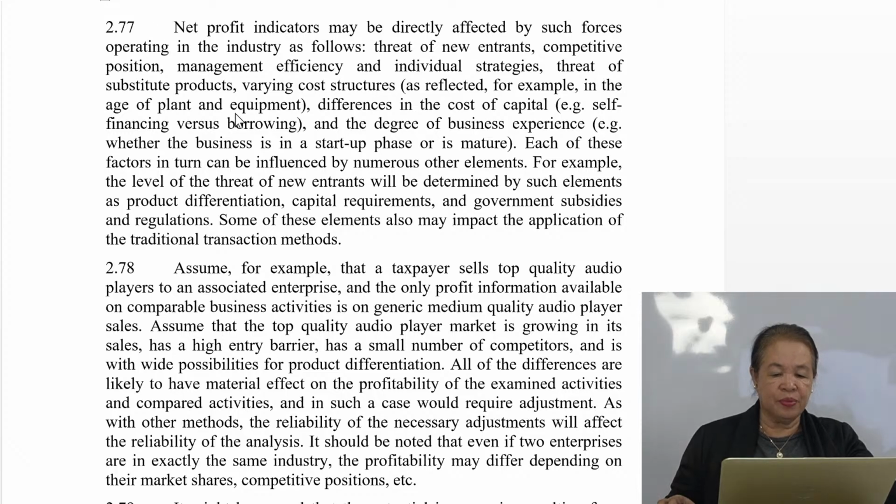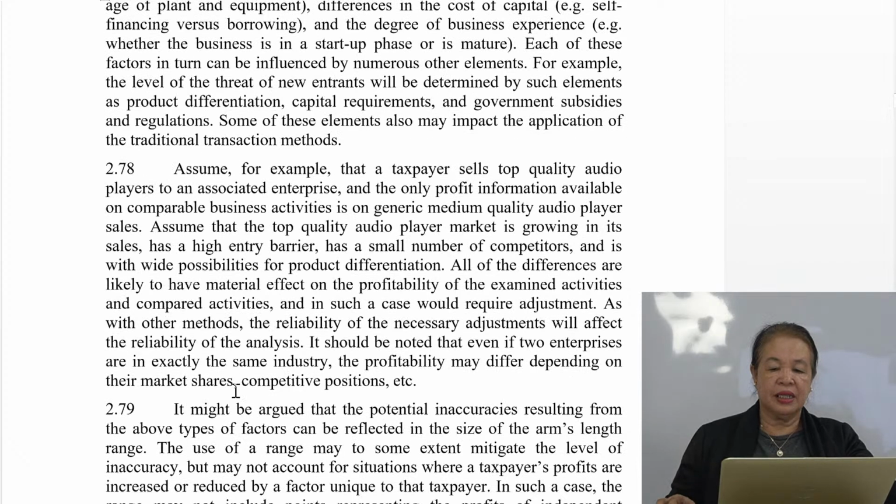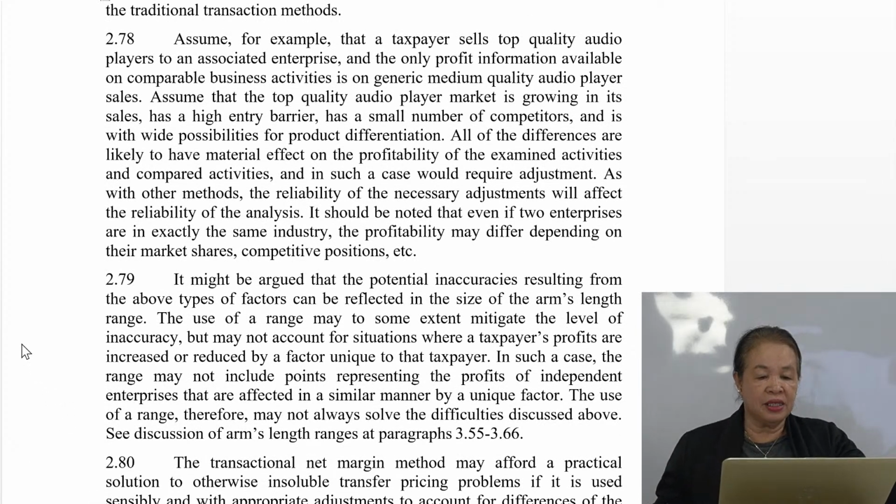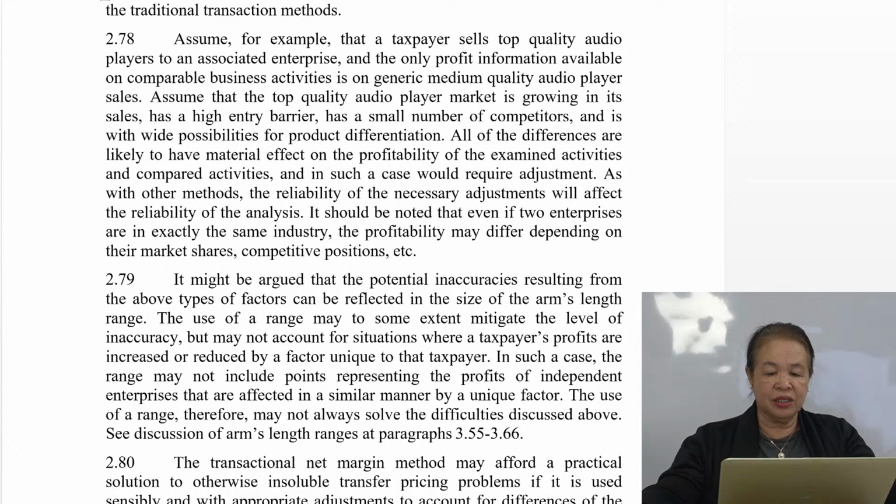Assume, for example, that a taxpayer sells top quality audio players to an associated enterprise, and the only profit information available on comparable business activities is on generic medium quality audio player sales. So assume that the top quality audio player market is growing in its sales, has a high entry barrier, has a small number of competitors, and is with wide possibilities for product differentiation.